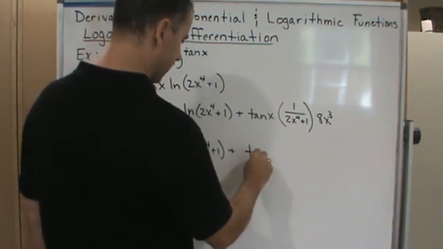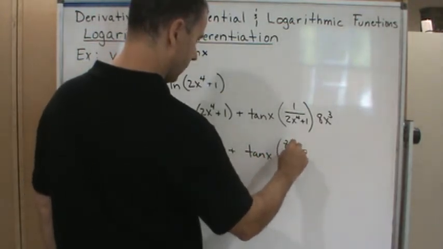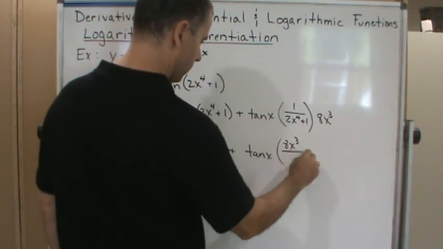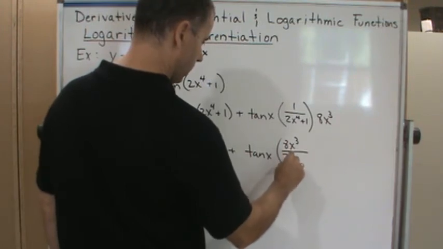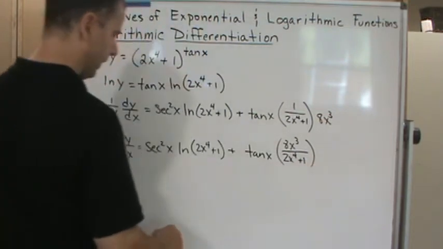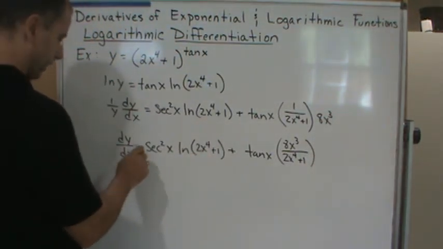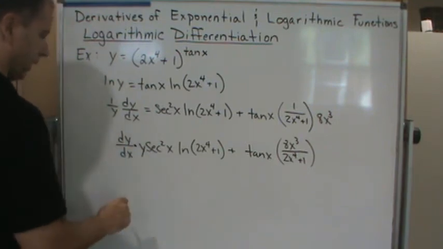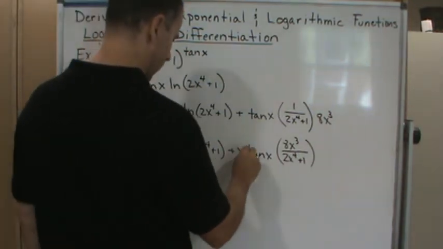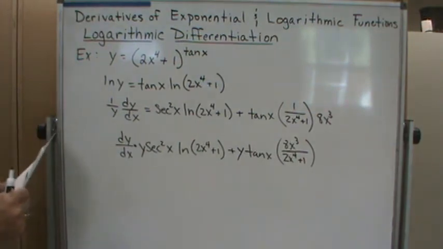So this will be tangent x times 8x cubed over 2x to the fourth plus 1. And of course, I'm multiplying everything by y, so I get a y here, and I get a y here. Okay?